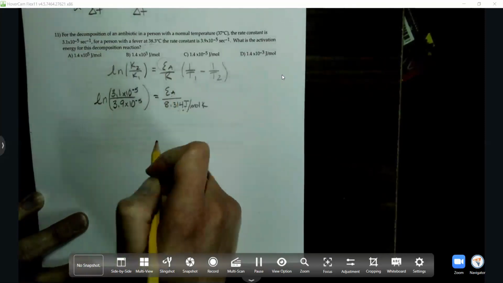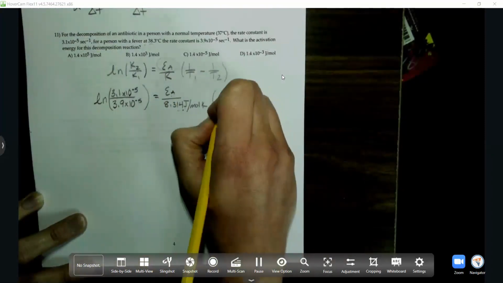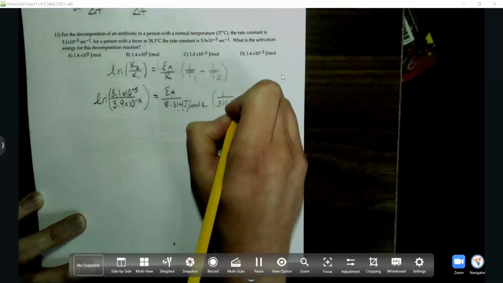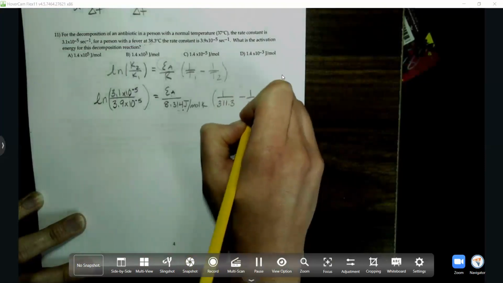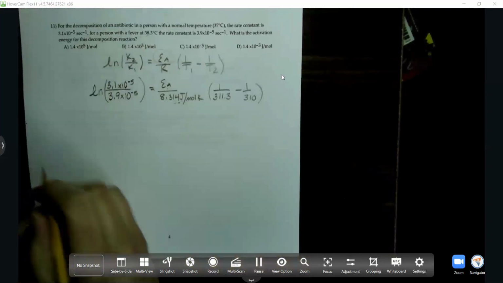I'm going to pick the one that's in joules. And we're going to convert our temperatures to Kelvin, and then we're just going to solve for Ea.